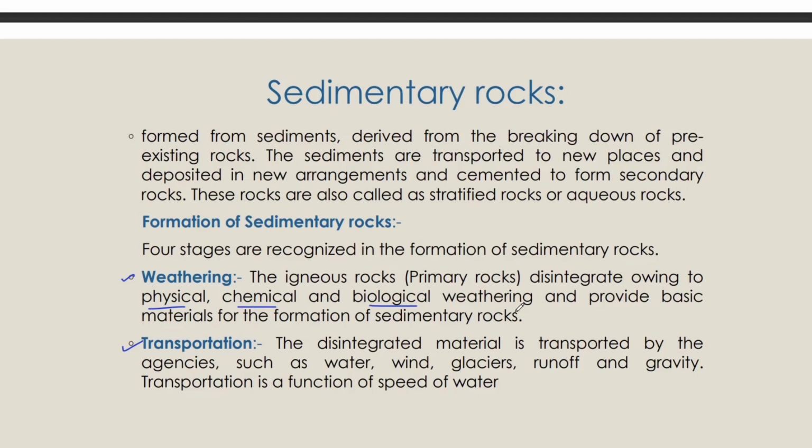And after that they provide basic materials for the formation of the sedimentary or secondary rocks. So transportation occurs after the weathering. These disintegrated materials are transported by some agencies, maybe by water, wind, glacier, runoff water, or by gravity. So transportation is a function of the speed of water.